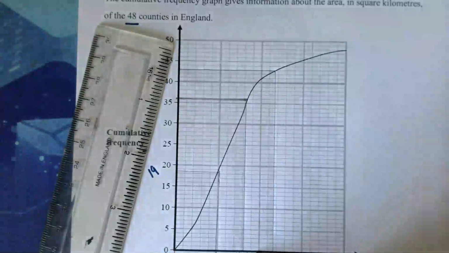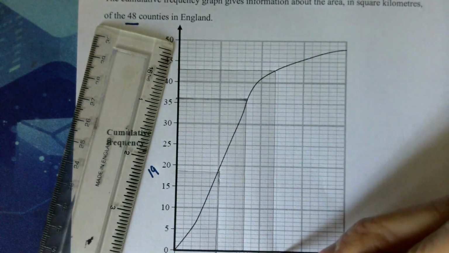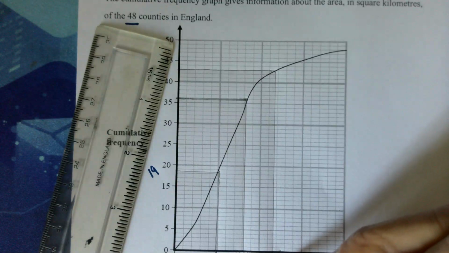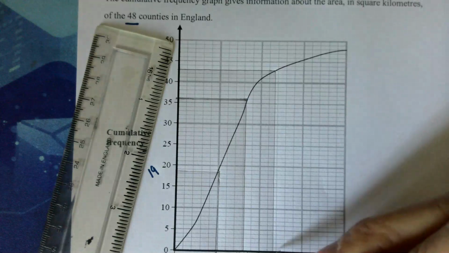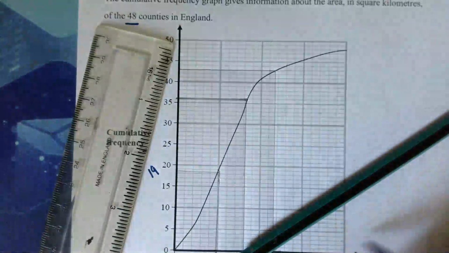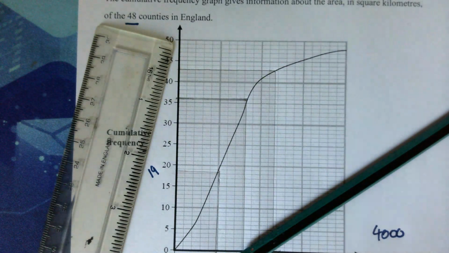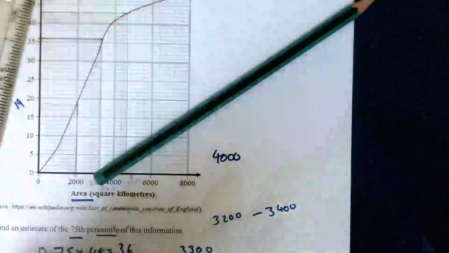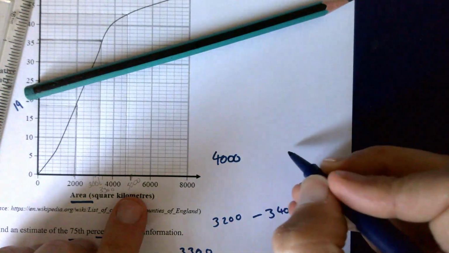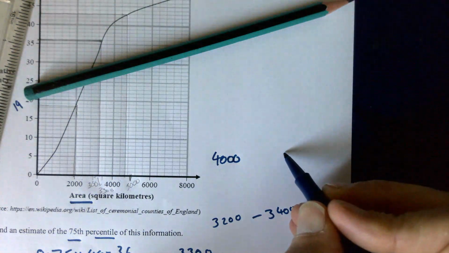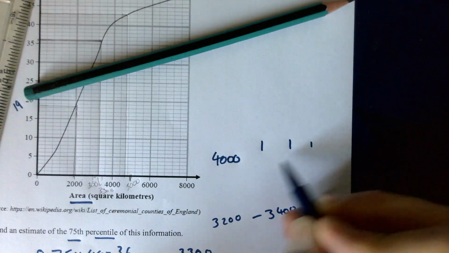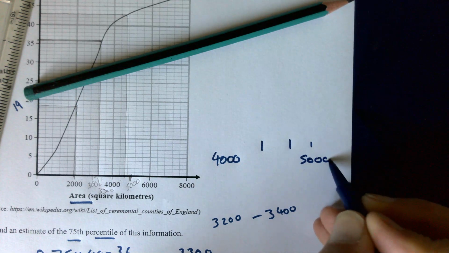Go down. 4,000. Halfway is 5,000. So that's going to be 2.5 squares. Each one is worth 400. 400, 800. So I would go somewhere around 4,600. I just want to explain that in a bit more detail as I didn't do earlier. 4,000 is there. You have 2.5 gaps till 5,000 in your mind.